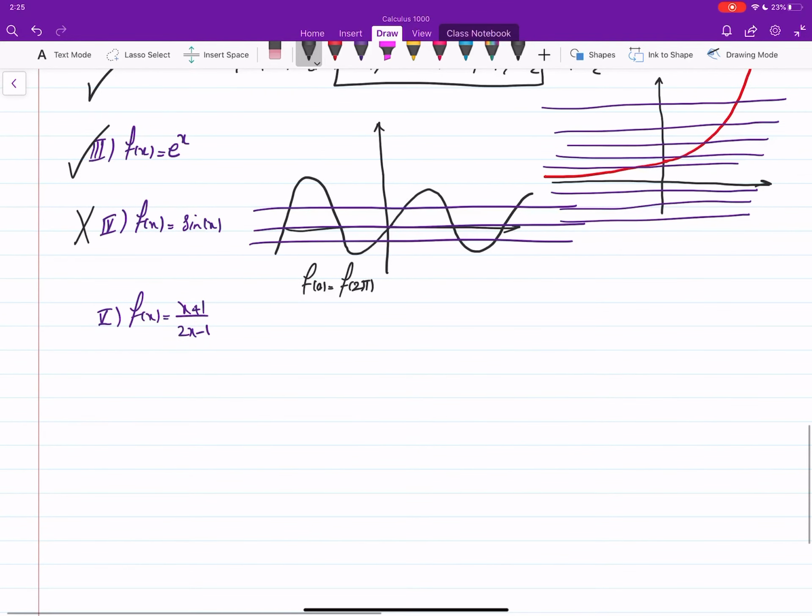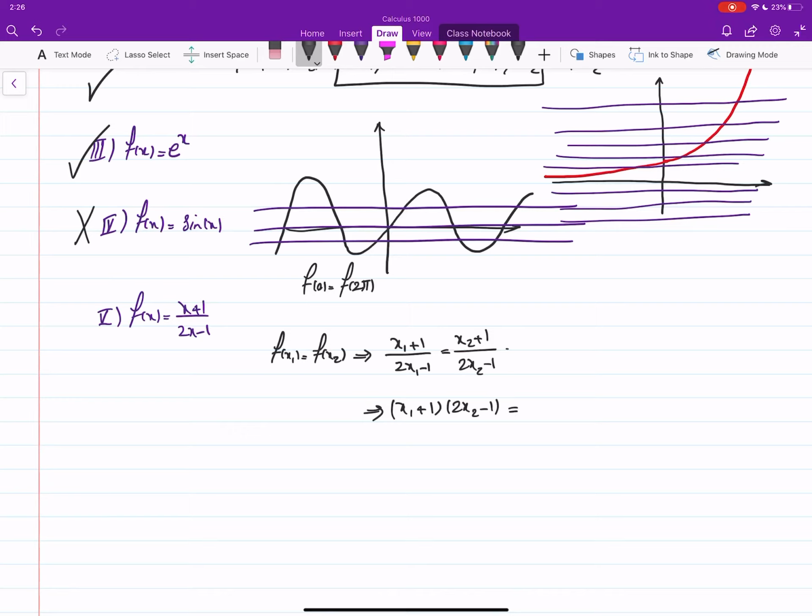How about this last one? Again, start with f of x1 equal to f of x2. This means that x1 plus 1 over 2x1 minus 1 is equal to x2 plus 1 over 2x2 minus 1. We have to cross multiply, so x1 plus 1 times 2x2 minus 1 equals x2 plus 1 times 2x1 minus 1.